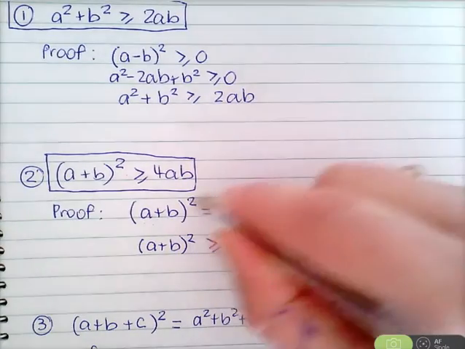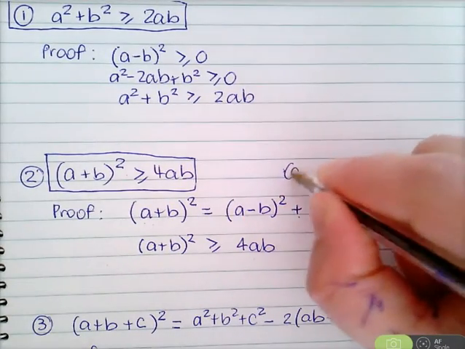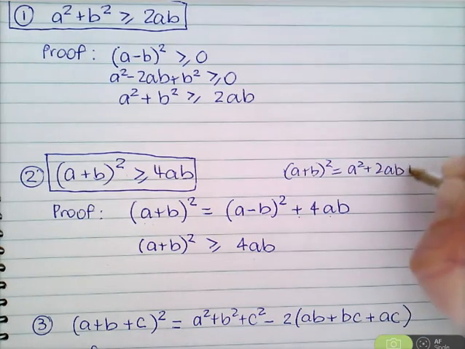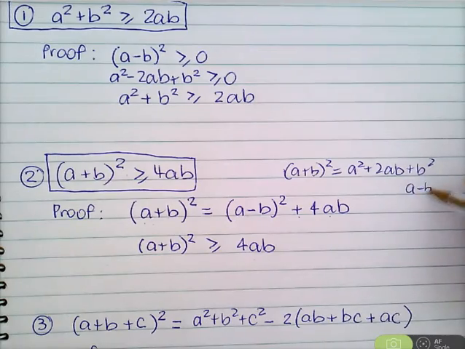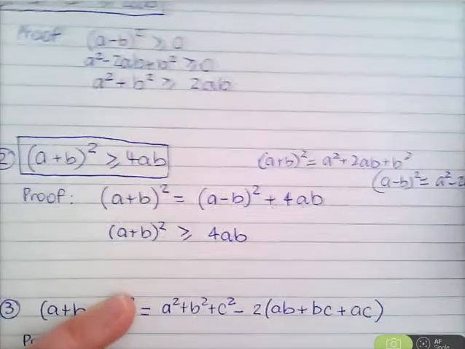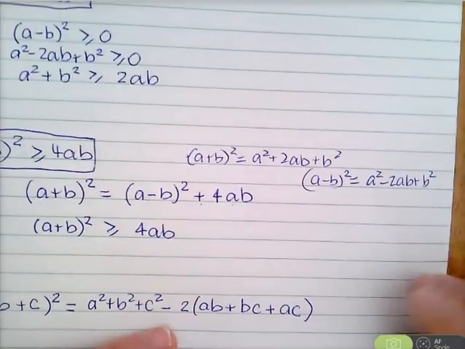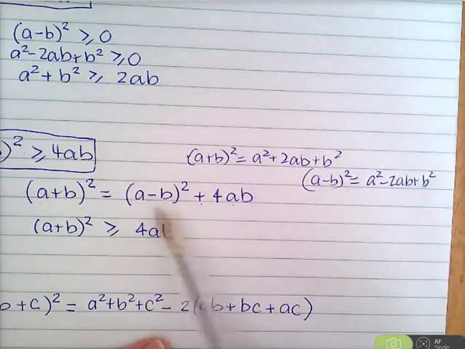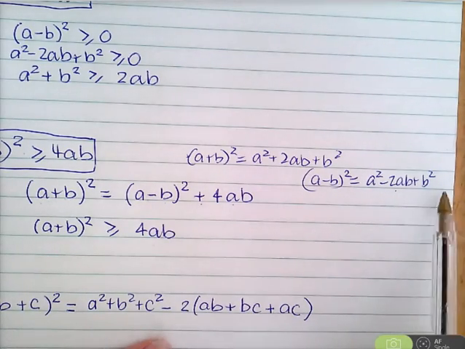If you want, I can just expand those up here. We know that a plus b squared is a squared plus 2ab plus b squared, and we know that a minus b squared is a squared minus 2ab plus b squared, and hence a plus b squared is a minus b squared plus 4ab.